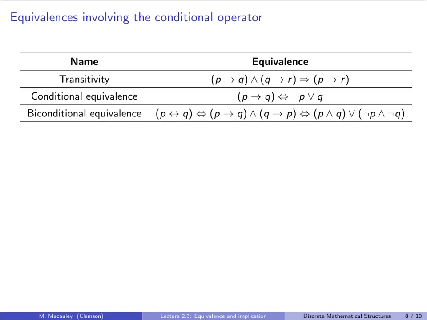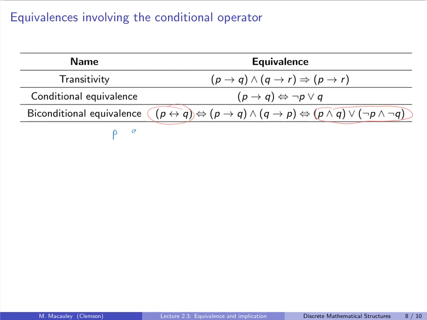We also saw biconditional equivalence, which says that P if and only if Q is equivalent to, well, here's what we saw, P and Q, or not P and not Q. But I also claim that those are both equivalent to this third one here, P implies Q and Q implies P. Let's just check that really quickly.